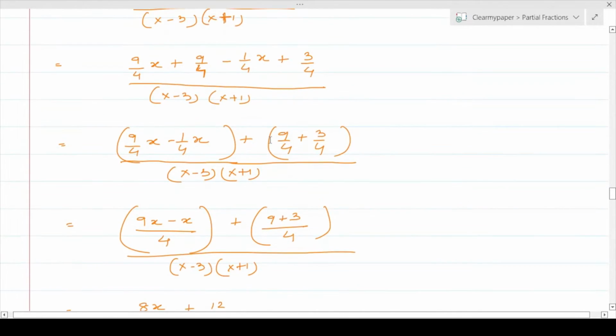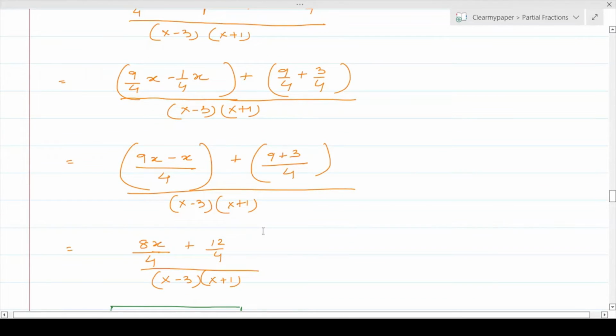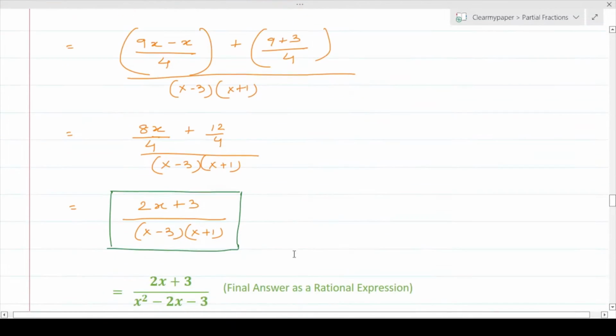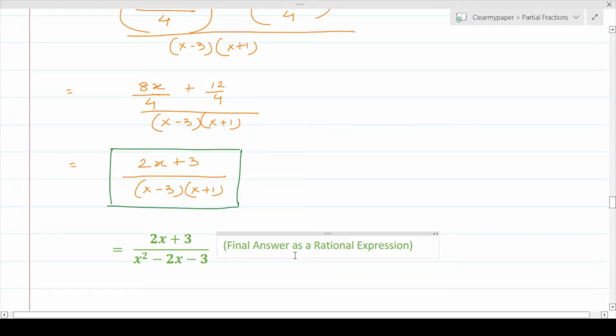Then we slowly simplify, and we get 8x by 4 plus 12 by 4. Finally, focus on the last two steps. The simplified expression in the first hop is 2x plus 3 divided by x minus 3 and x plus 1, these two factors.